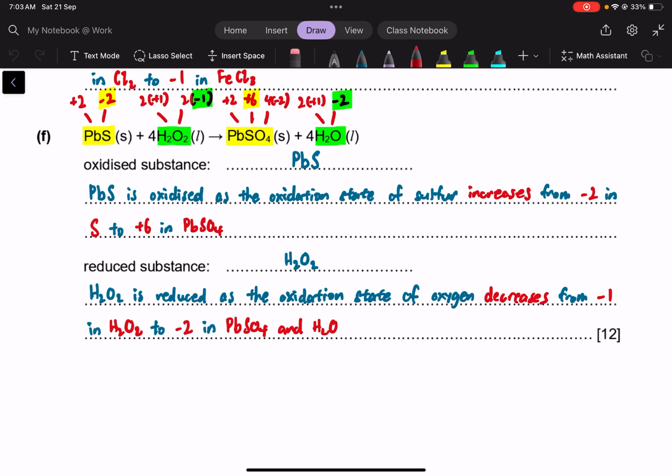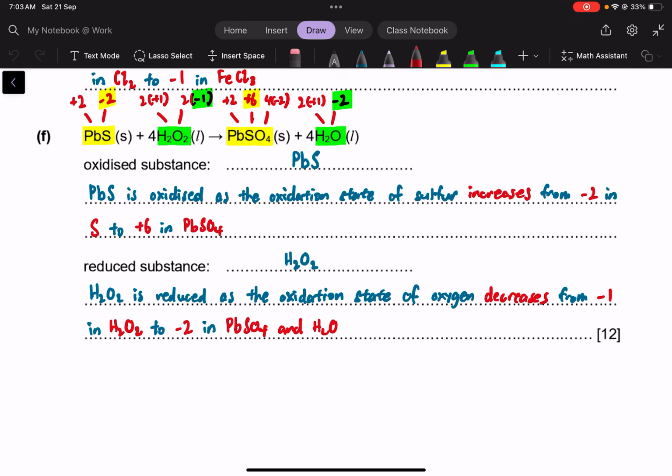So oxygen exists as -1 oxidation state, and we can observe that oxygen's oxidation state decreased from -1 to -2. So we can determine that hydrogen peroxide was being reduced because oxidation state of oxygen decreases from -1 in hydrogen peroxide to -2 in lead-2 sulfate and water.